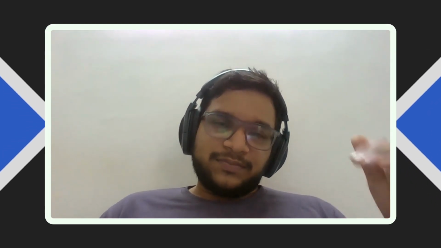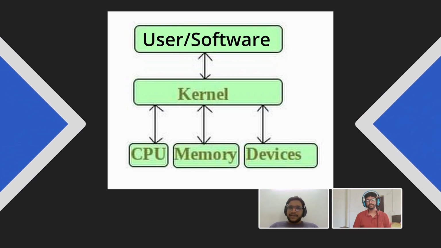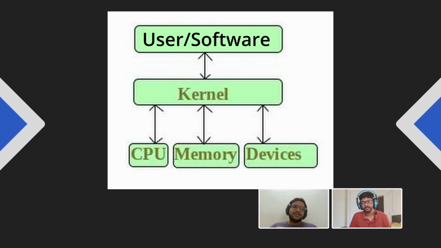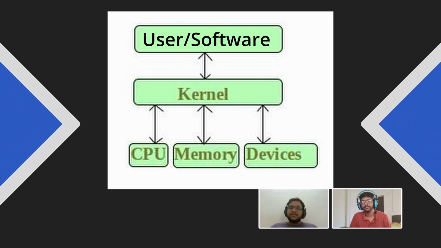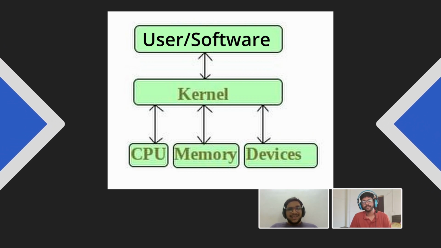What I will say is basically, an operating system has three layers. There's the user layer, where users literally interact. Then there's the kernel layer, where things really happen.